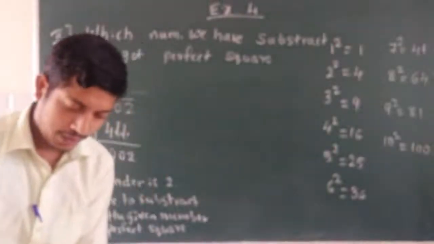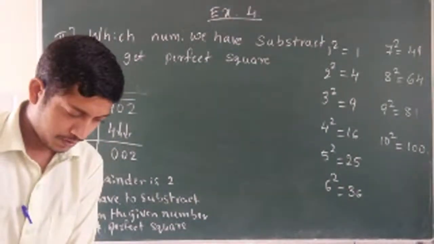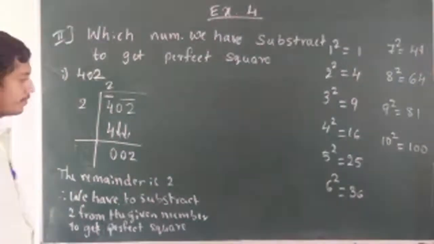What we have to subtract? We have to subtract 2 to get the perfect square.